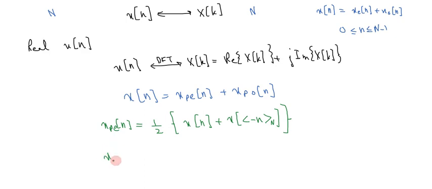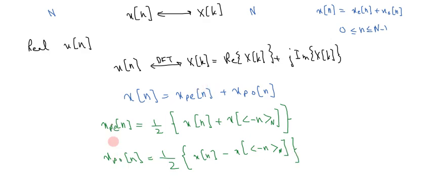Similarly, periodic odd signal can be defined as 1 by 2 x of n minus x of circularly time reversed version of x of n. This is periodic even and periodic odd, and if you sum them you will get x of n.